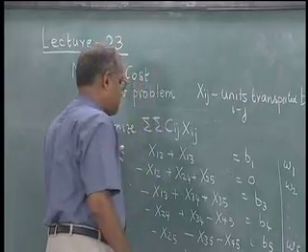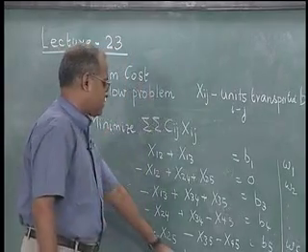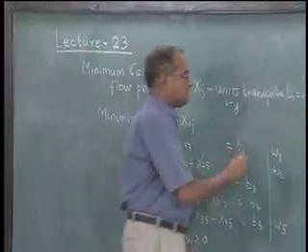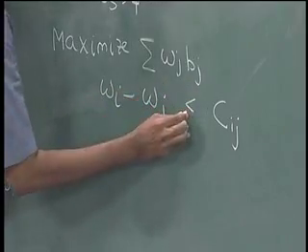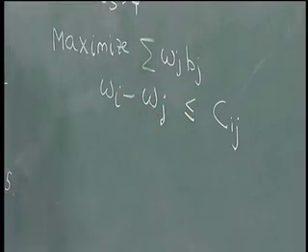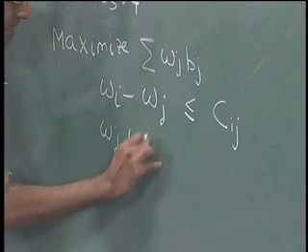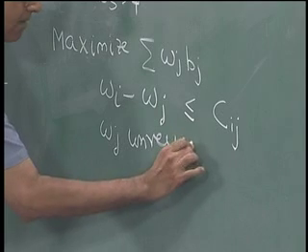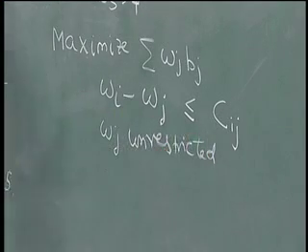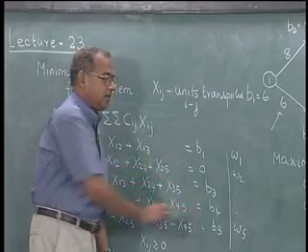Now, it is a minimization problem. The variables are greater than or equal to type. So, the maximization problem will have less than or equal to Cij, and then we have Wj unrestricted in sign, because all these are equations.